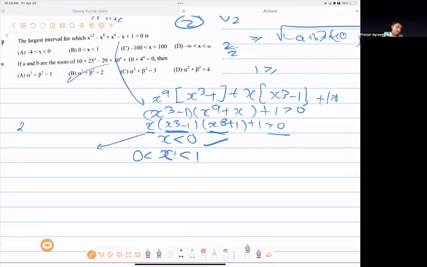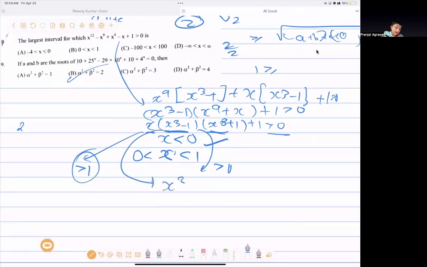So we have this as positive, this as negative, this as positive. But this is less than 1. This is also very less than 1. But this is greater than 1. Since this is some x cube minus 1, this is some 0.00 dot dot dot.